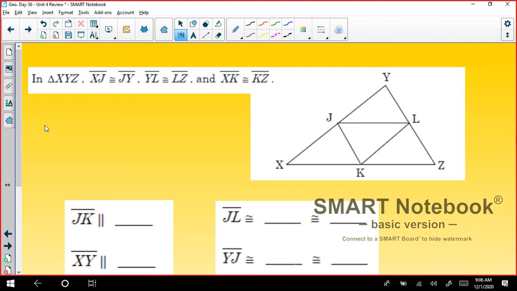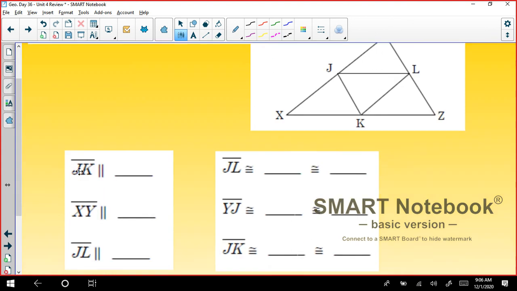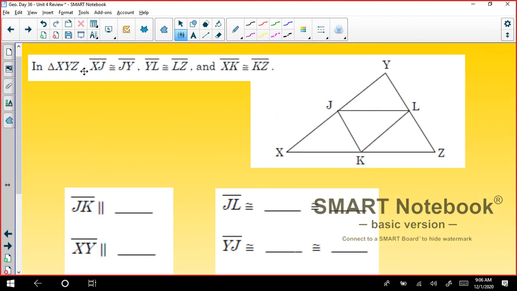Okay, all of you use your chat and try to answer this. In triangle XYZ, they have given XJ is congruent to JY, and YL is congruent to LZ, and XK is congruent to KZ.